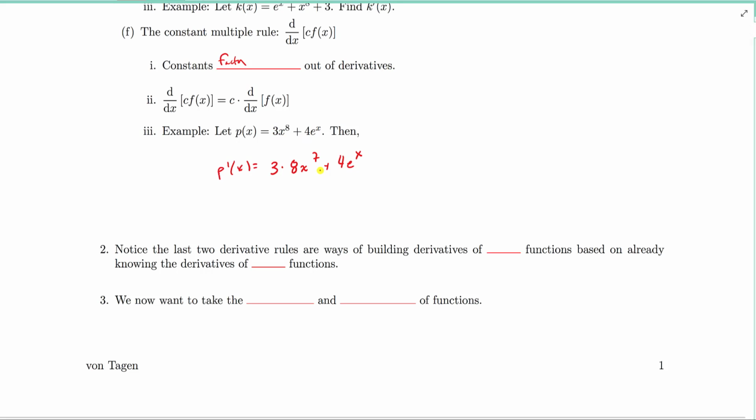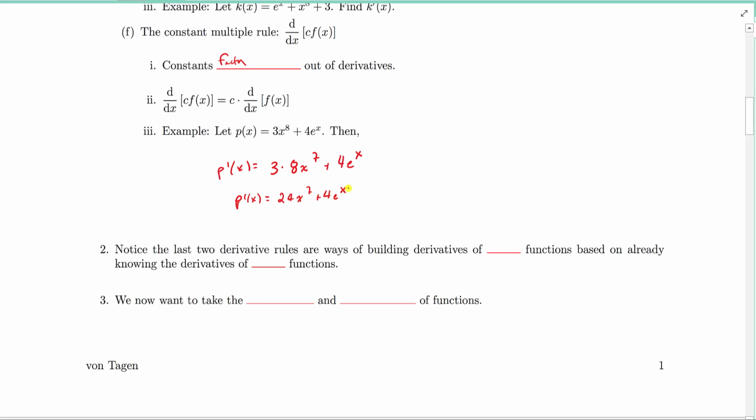I had to distribute the derivative operator over the sum, so I took the derivative of the first expression plus the derivative of the second expression. To take the derivative of the first expression, I had to use the power rule, and to take the derivative of the second one, I had to use the exponential rule. We can go ahead and clean this up. So p prime of x is equal to 24 x to the 7th plus 4 e to the x.